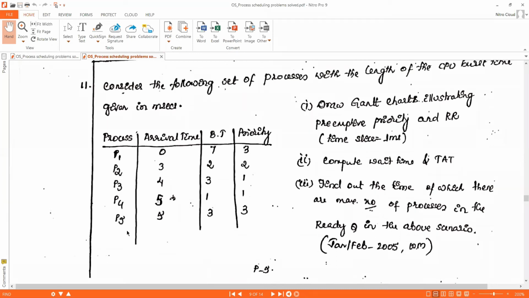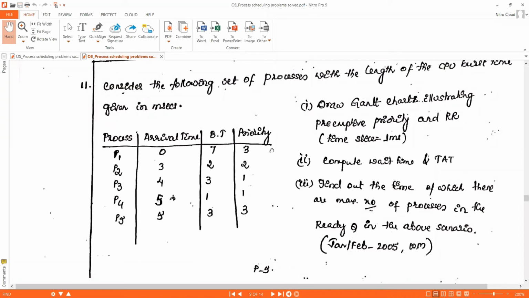Their arrival times are also given: arrival time for process 1 is 0, process 2 is 3, process 3 is 4, process 4 is 5, process 5 is 5. The burst times are also given: process 1's burst time is 7, process 2's burst time is 2, process 3's burst time is 3, process 4's burst time is 1, process 5's burst time is 3. Next, priority is also given in this problem.